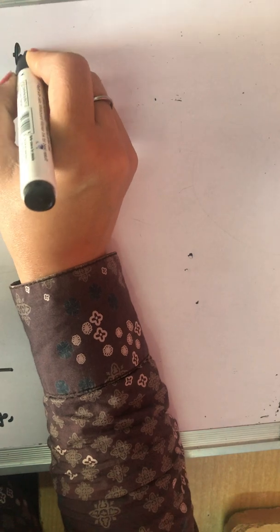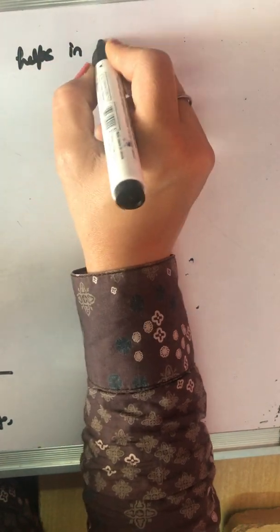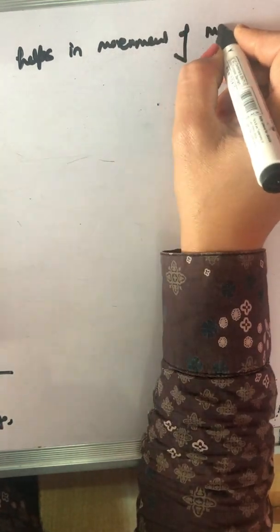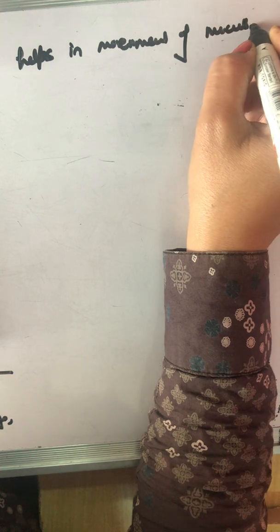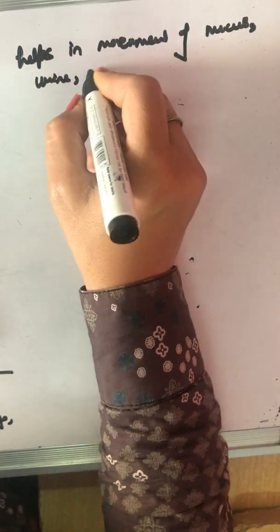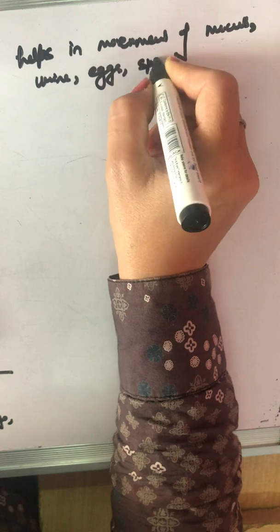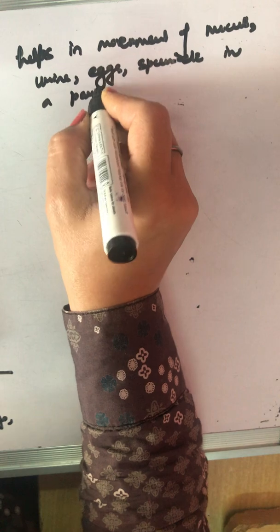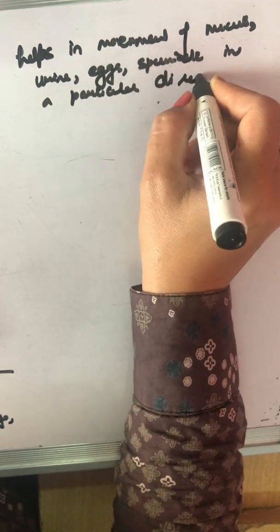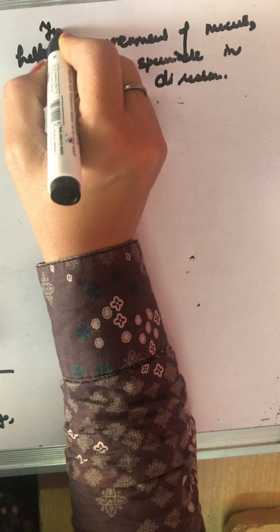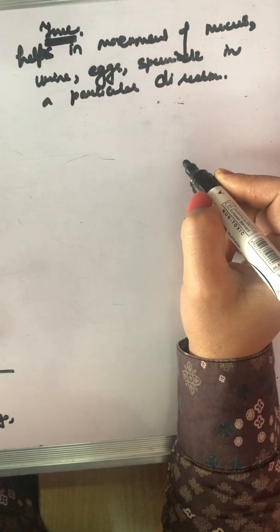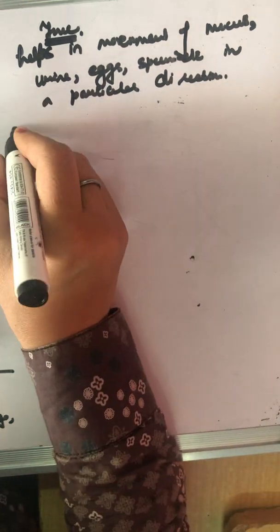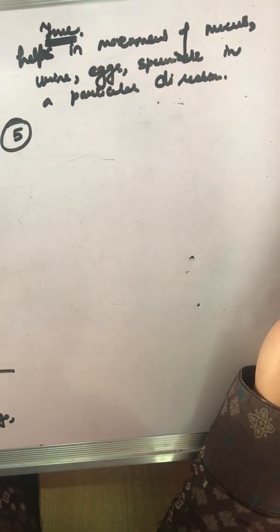Helps in movement of mucus, urine, eggs, sperm, etc. in a particular direction. This becomes its function. Function of ciliated columnar epithelium. Right. Then coming to the fifth one. That is the last one.